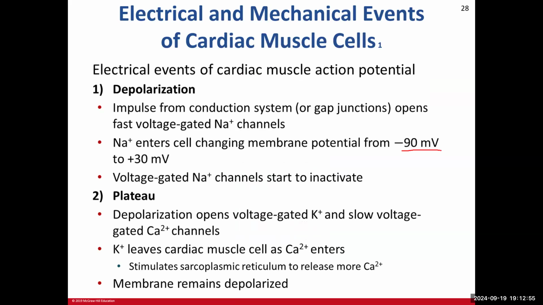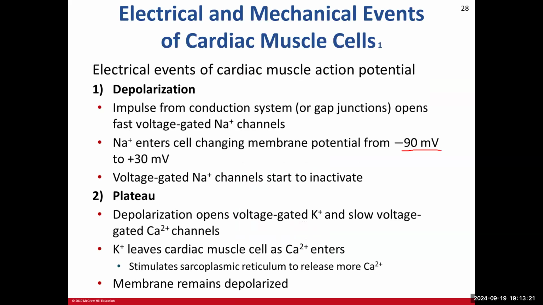And in this case too, now we're going to also open up our voltage gated potassium channels. So this is the first time that we've actually seen the voltage gated potassium channels start to open up prior to repolarization. So you have two positive cation channels opened up. But here's the problem.